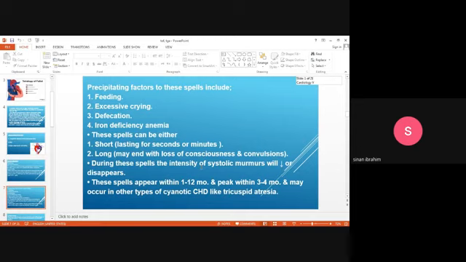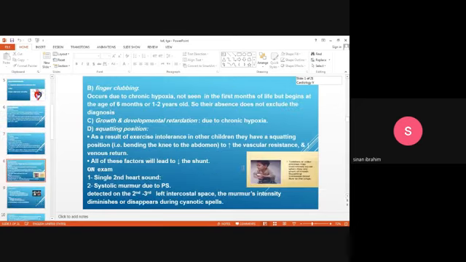There is no flow across the pulmonary valve, and we usually think of tet spells and give the patient the proper management. We'll talk about the management of the spells later with the treatment of tetralogy of Fallot.